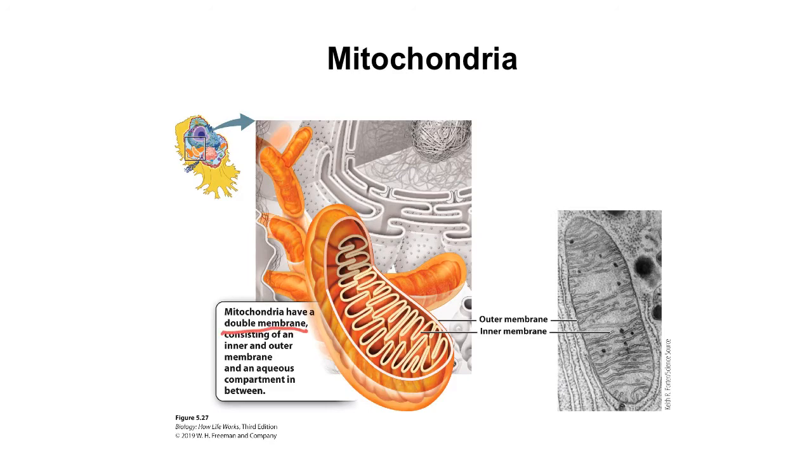You can see it here, that outer membrane and inner membrane, and they have an aqueous compartment in between. And the inner membrane actually has convolutions in it, which increases the surface area for performing important functions for respiration.